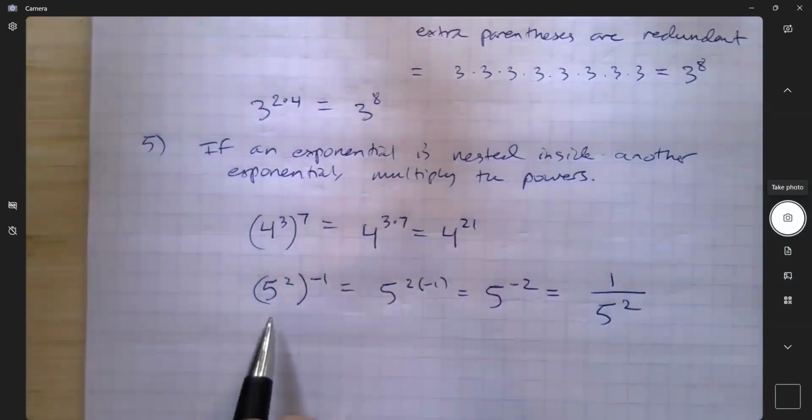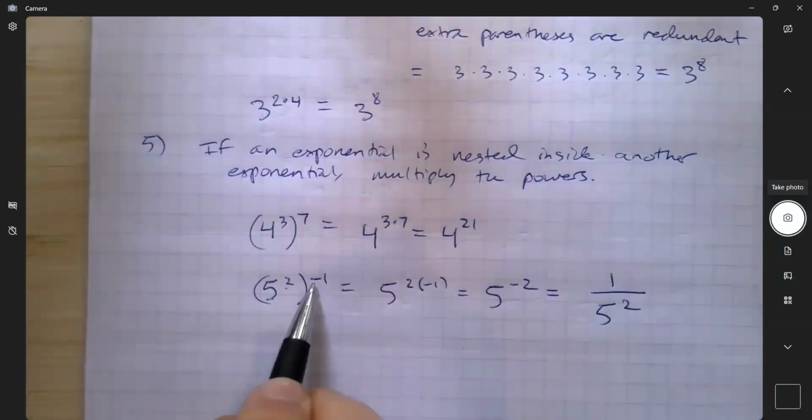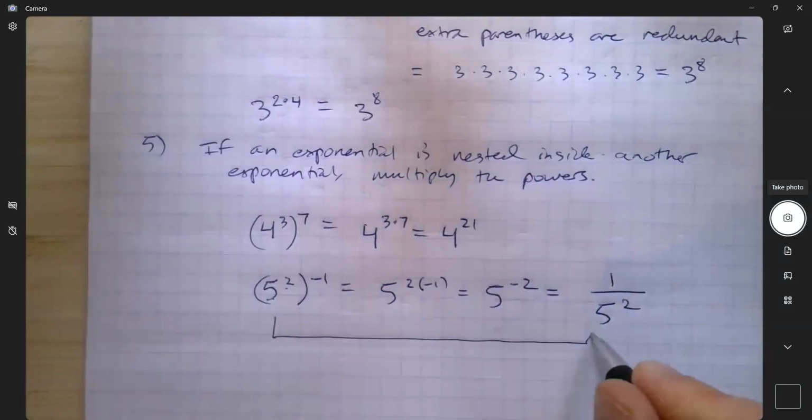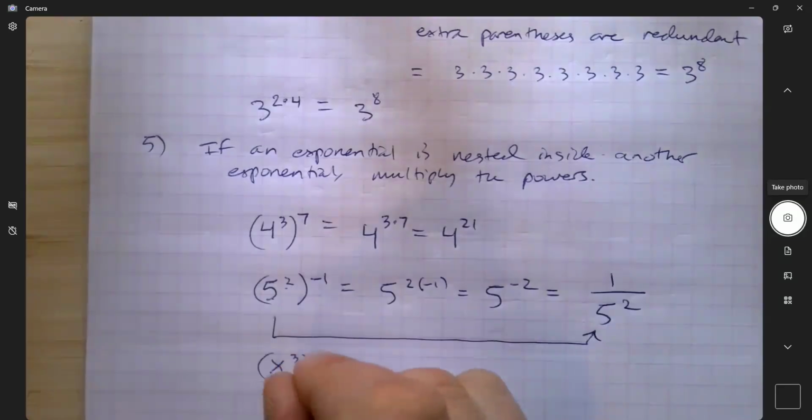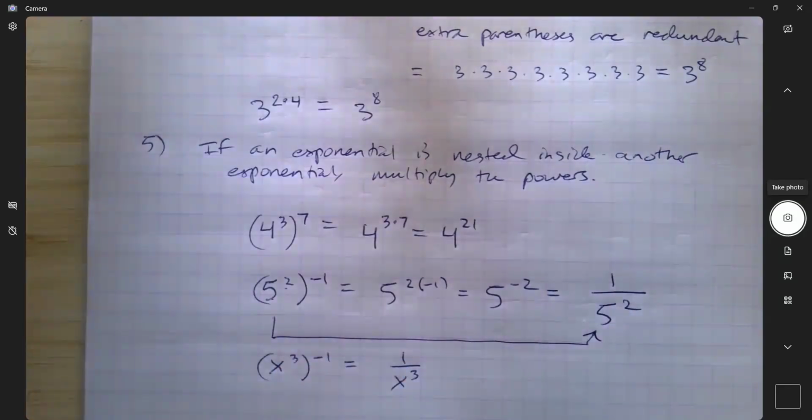So often you'll start with something raised to a power, and then all of that raised to the -1, and that's another way of saying you're dividing by that 5 squared. Here's x cubed to the -1 is 1 over x cubed. This is pretty flexible. It allows us to do nested exponentials.